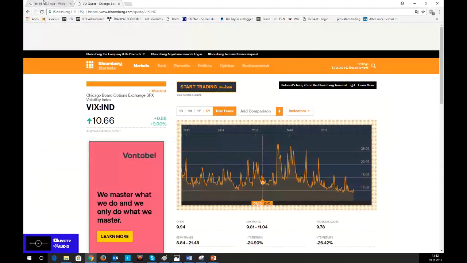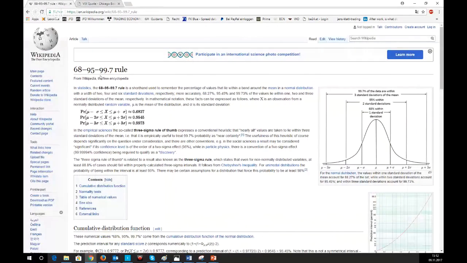Now we have a look at this 68, 95, 99.7 rule. In statistics, it is a shorthand used to remember the percentage of values that lie within a band around the mean in a normal distribution with a width of 2, 4, and 6 standard deviations, respectively. More accurately, it's 68.27, 95.45, and 99.73.